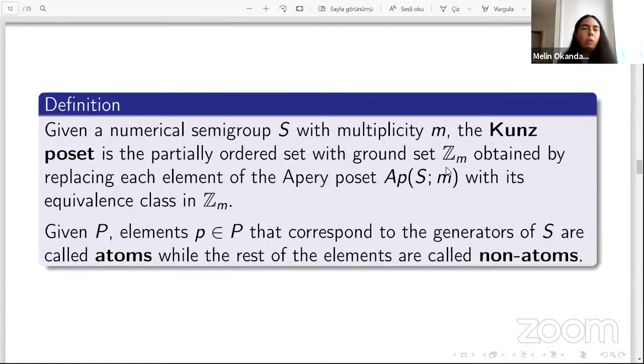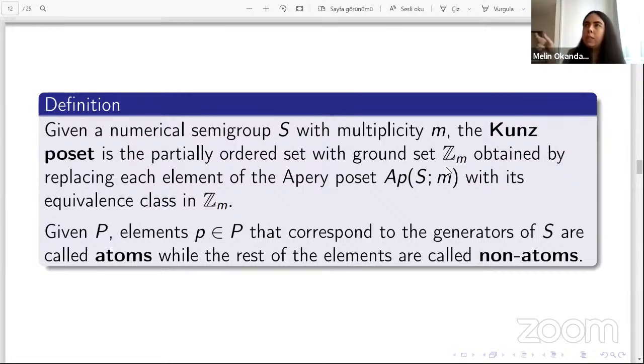If you were to define it formally, if a numerical semigroup and multiplicity are given, the Kunz poset is the partially ordered set with ground set Zm obtained by replacing each element in the a priori poset with its equivalence class. Now you may have thought, there are generators of S, and these generators will be in the a priori set because in fact they are minimal elements and they will correspond to a certain equivalence class, so they satisfy the definition.